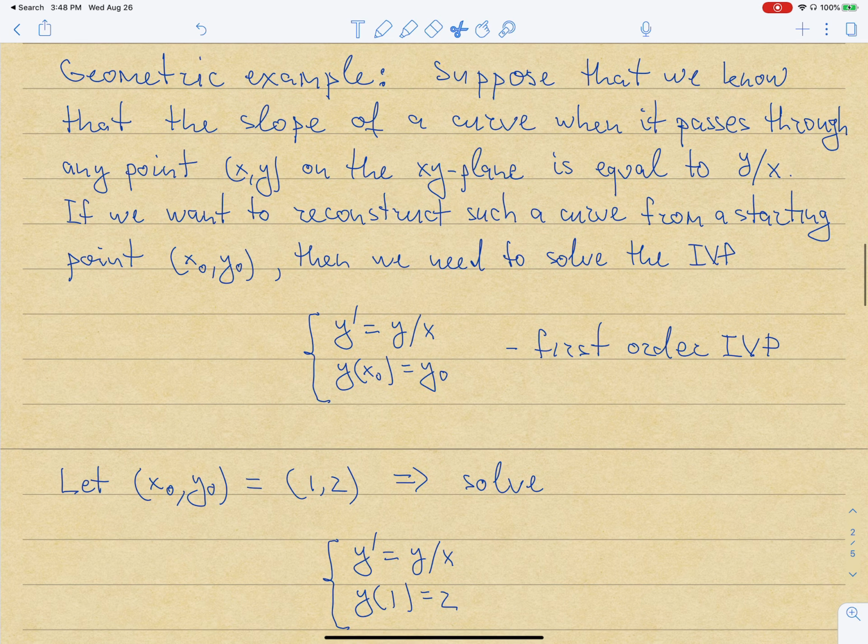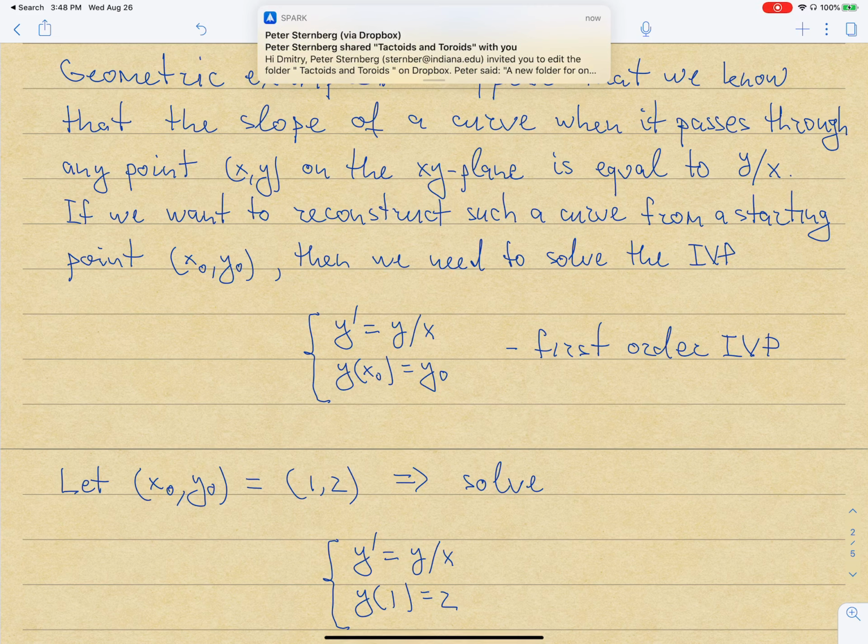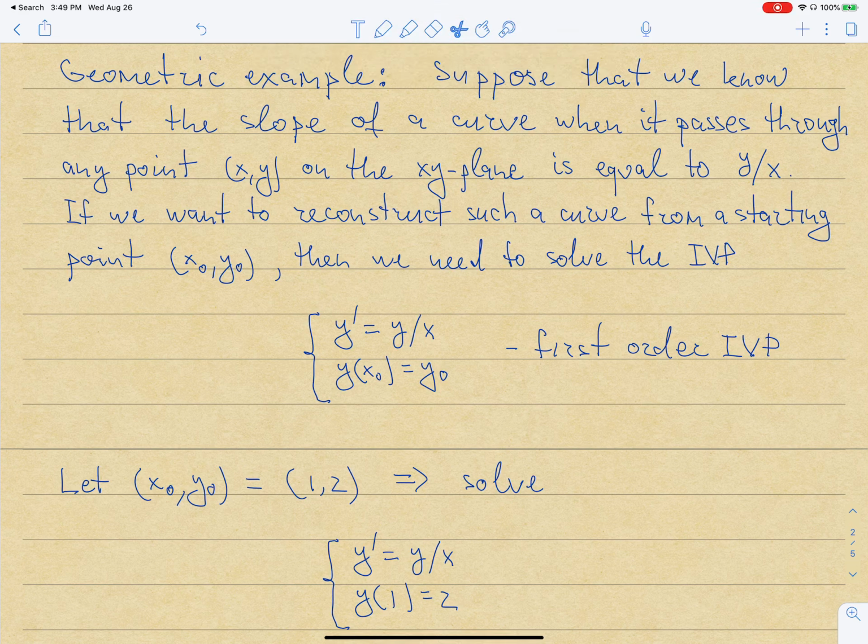Another example I'm going to borrow from geometry. So here I'm going to make the following assumption. I'm going to assume that I have a family of curves on the plane. So maybe entire plane is covered by curves. And let's say the information that I have is this.